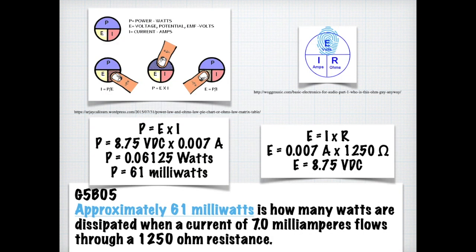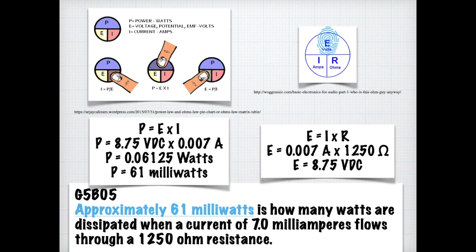So in the next question, we're given the amperes and the ohms, and in order to solve for how many watts are used from this equation, we have to determine what the voltage is. So to determine the voltage, we look at our handy little circle and we put our finger or thumb over the E, so we see that we need to multiply current times resistance.